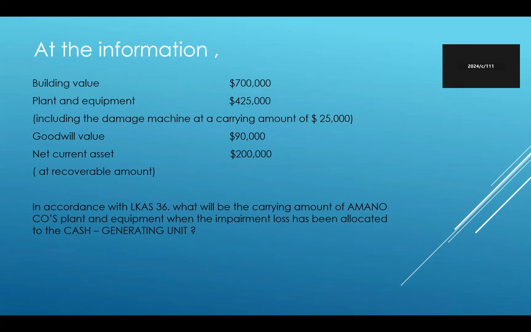In accordance with LKAS 36, what will be the carrying amount of plant and equipment when the impairment loss has been allocated to the cash generating unit?